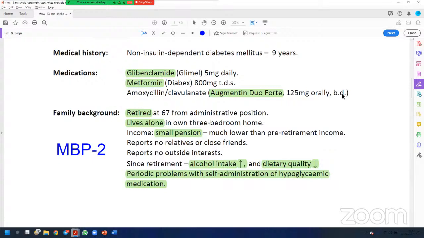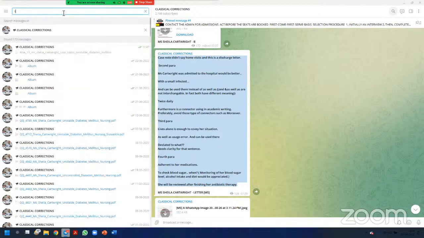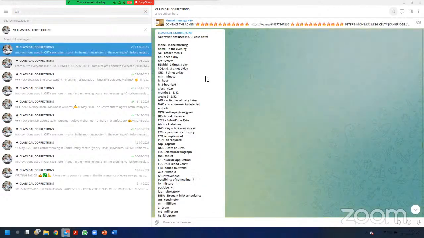BD, Augmentin Duofort. You should know what these symbols are. TDS means what, BD means what. Now I'll give you the link for that, so you can check it there. So TDS means what?